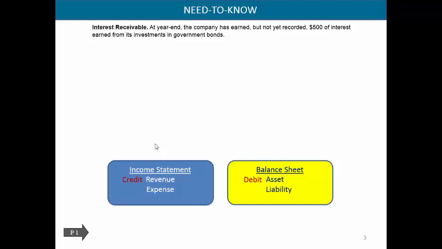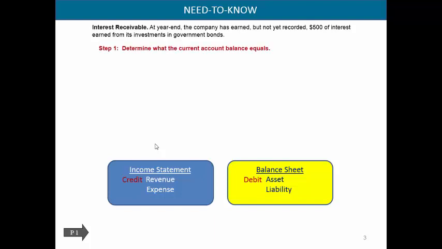Let's look at one other example. In this case, a company has earned $500 of interest from some type of government bond. Now, if you'll remember, with our accrued expenses, we also had an interest example. And this is the same thing. Oftentimes, interest is only paid maybe on an annual basis.